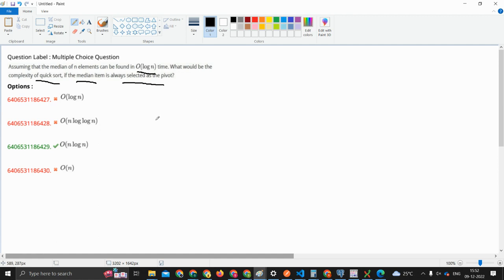Okay, Pooja, you are here. Let's say that in exactly log n time you are able to identify the median, which means all the elements less than that can go to the left of it, and all the elements greater than that will go towards the right of it.